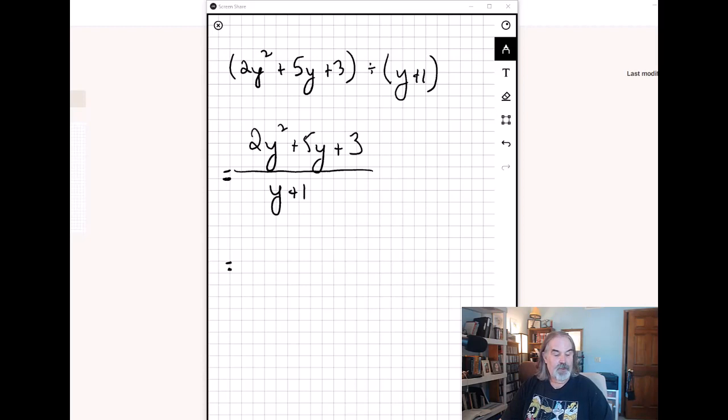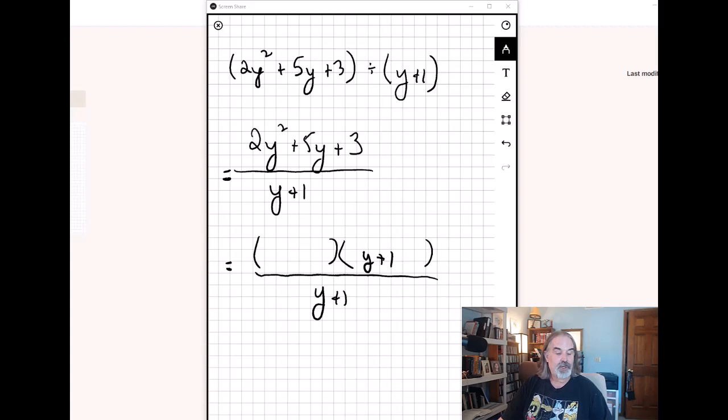Then we're going to hope that we can factor the numerator and then divide by y plus 1. And again, for these problems, we're going to hope that one of the factors of the numerator is the thing we're dividing by so that we can get that nice clean cancellation in the division.